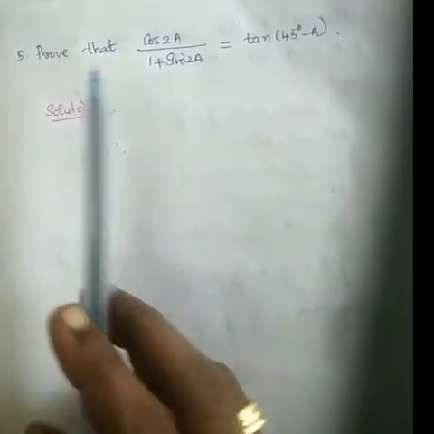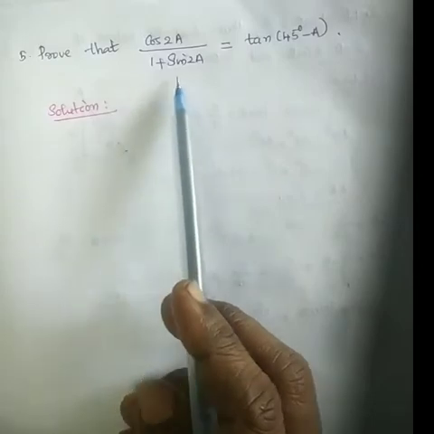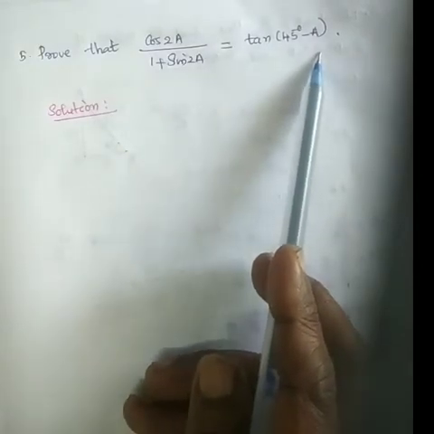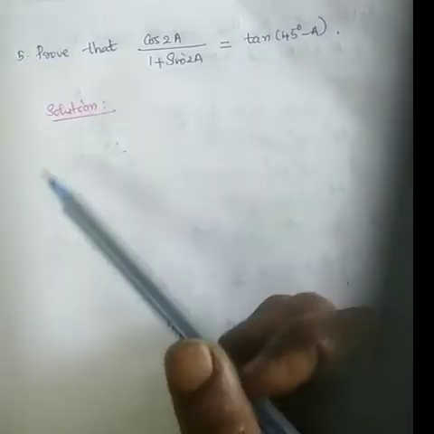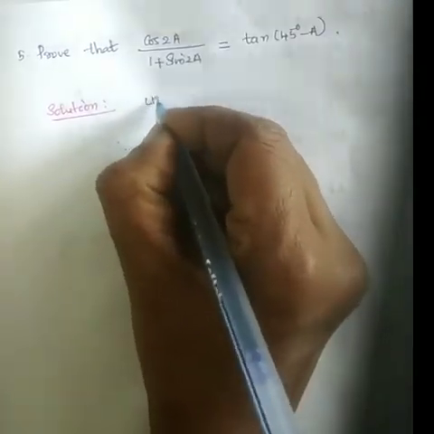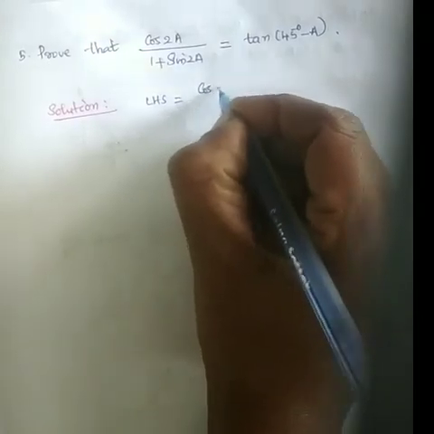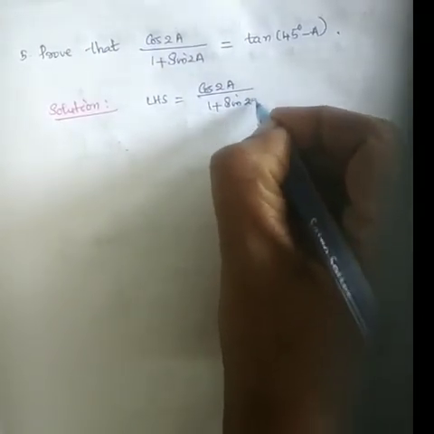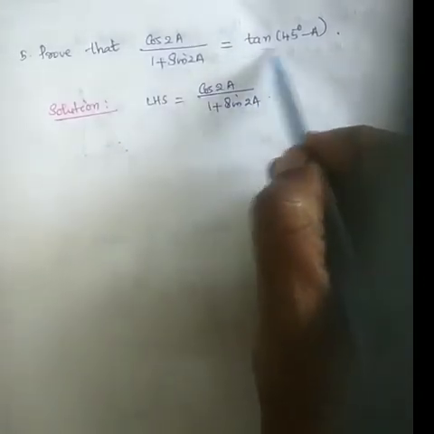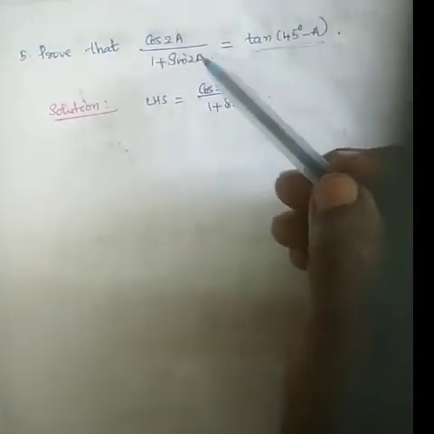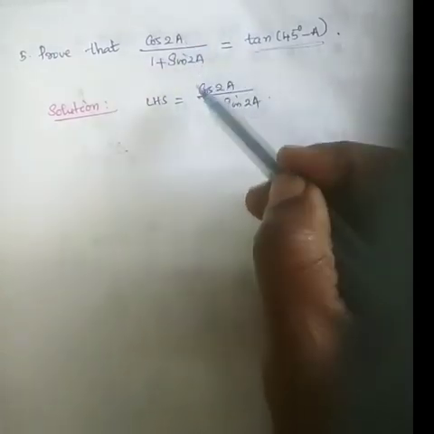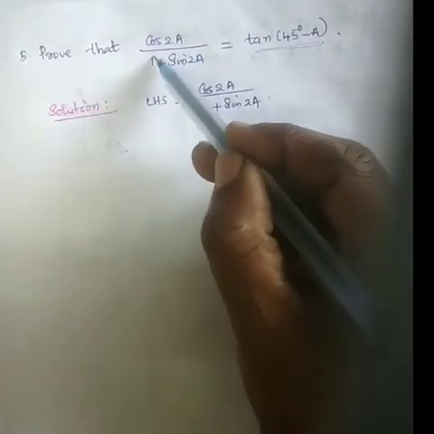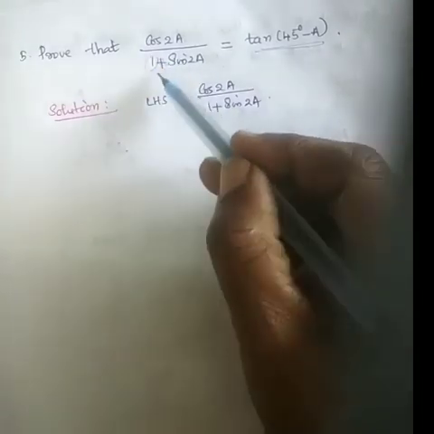Next example, prove that cos 2a divided by 1 plus sin 2a equal to tan 45 degree minus a. For getting the solution, take the LHS. LHS equal to cos 2a divided by 1 plus sin 2a. Okay, for finding the answer, we want to know three identities. One is cos 2a, next one sin 2a, and sin square theta plus cos square theta equal to 1.